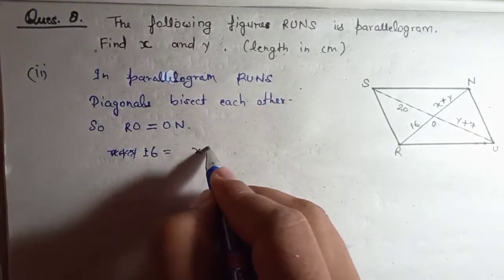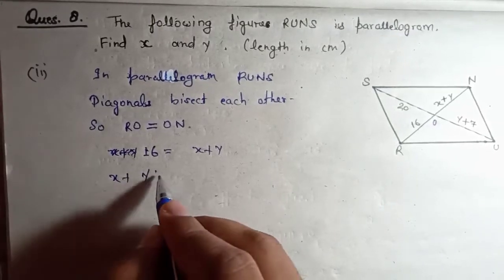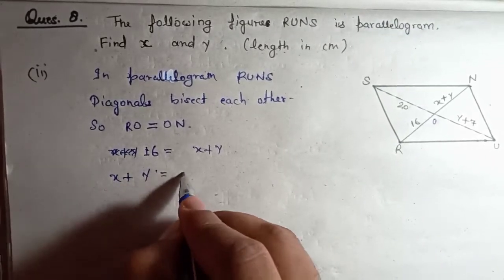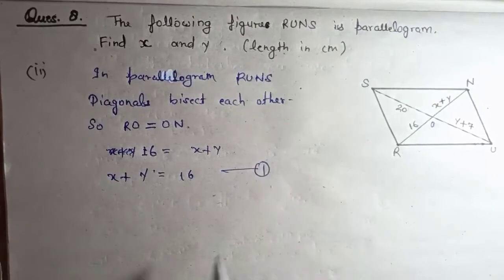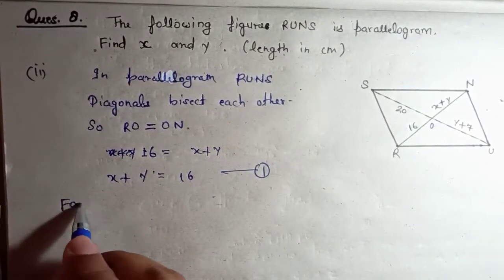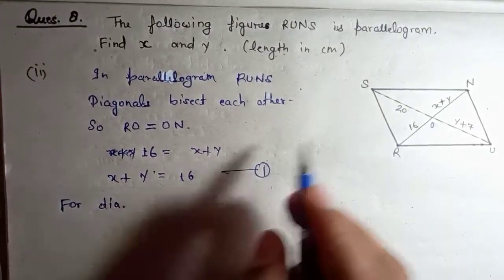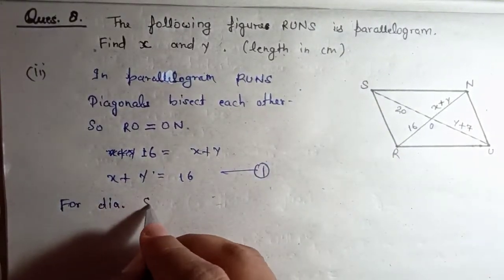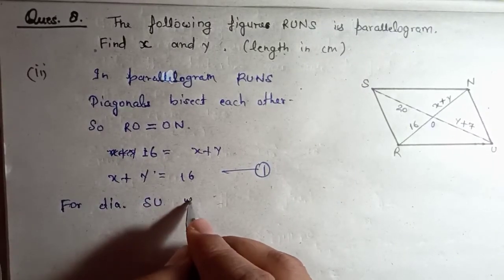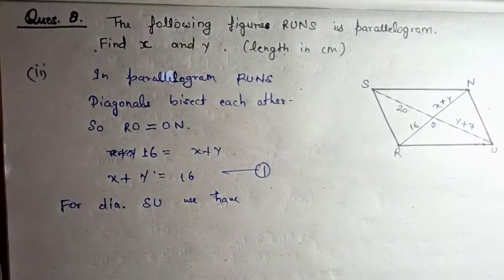16 is equal to x plus y, or you can write x plus y is equal to 16. This is the first equation. For diagonal SU, we have O is the midpoint.